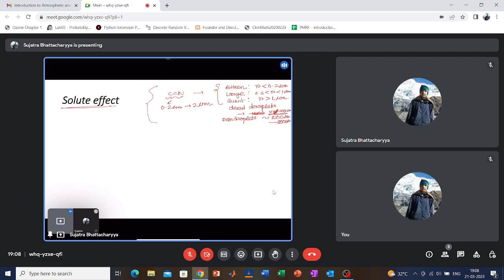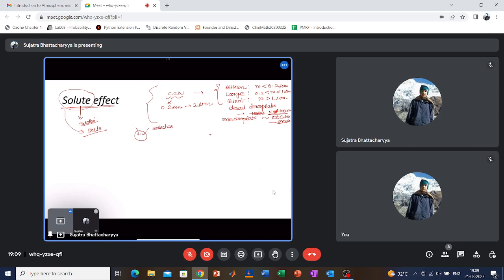But in case of the solute effect, what is happening? Solute means some nuclei or condensation nuclei or salts. It can be different salts, these solutes. If some salts are added to that droplet, what will happen?